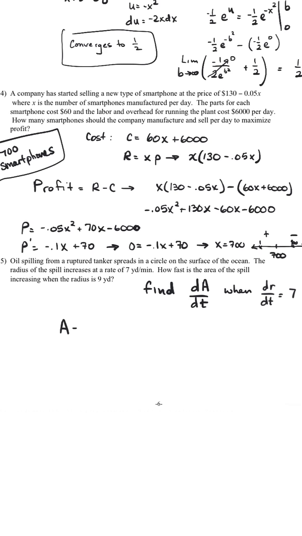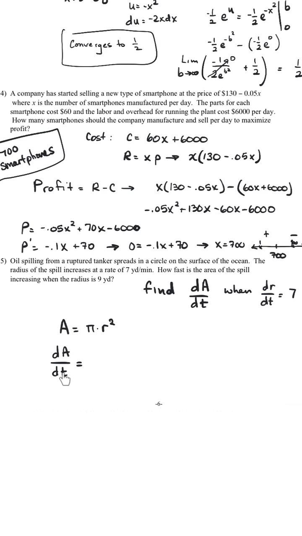Now, the area of a circle is pi times r squared. So then the derivative, dA, with respect to time, so we have the derivative of r, but with respect to t. So this is one of these situations, like a question earlier on this practice test, where we're differentiating one variable with respect to another.